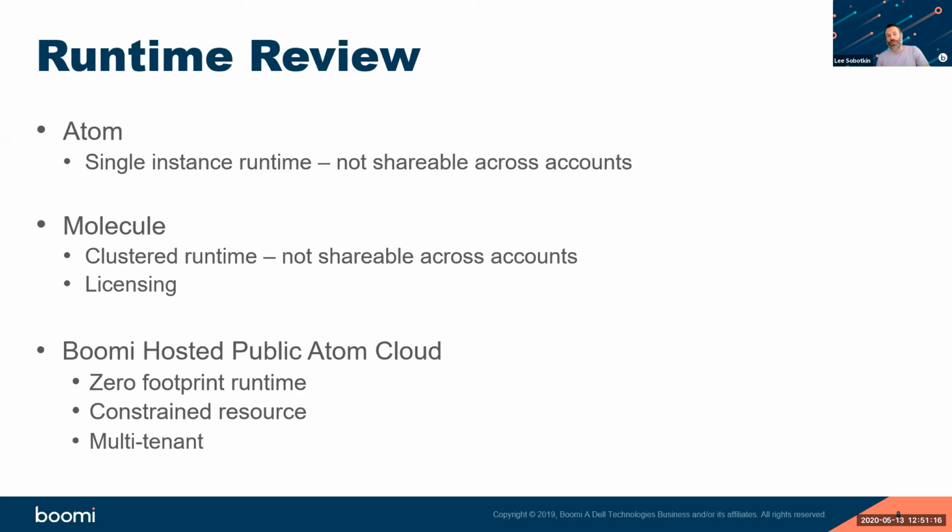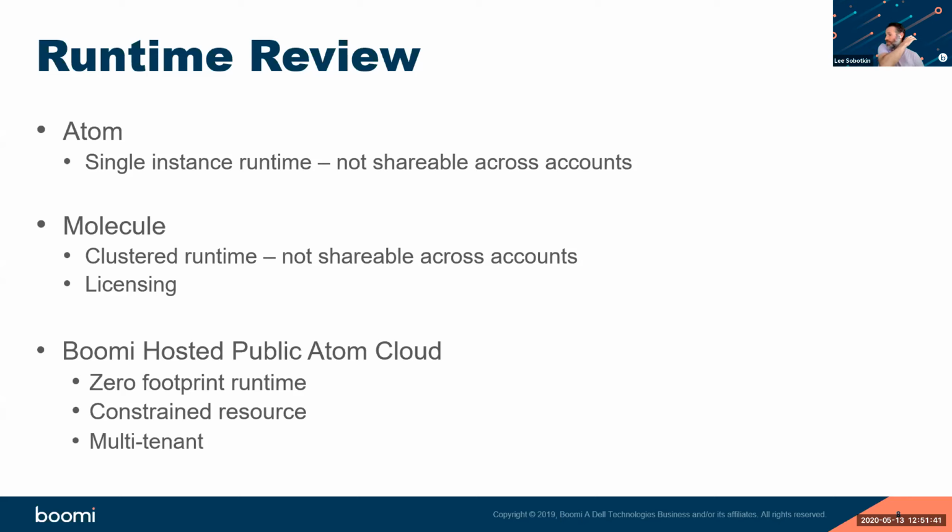Now, one of the things that you're also probably aware of is our Boomi hosted public Atom cloud, which allows you to run with a zero footprint, deploy without having to host anything in your account. And this is available to pretty much all of our customers that are running on the platform.